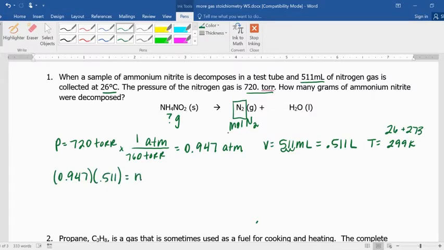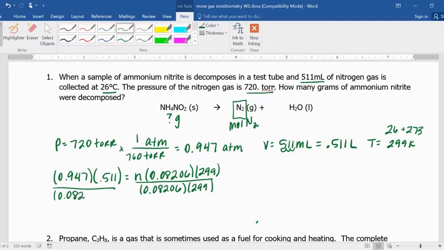Moles is what we're looking for, remember from our problem here, times R times T. So we're going to divide by R times T on both sides, and we're going to get a value for n.